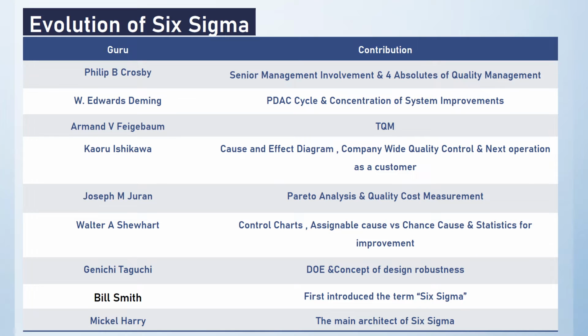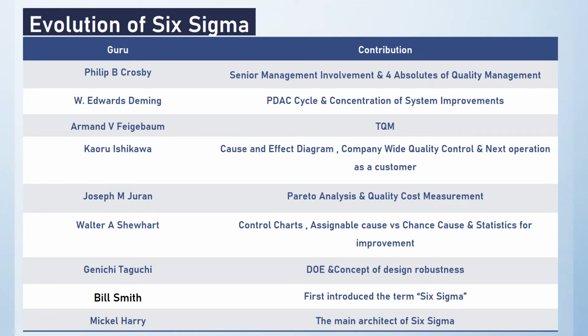Feigenbaum was the person who introduced TQM. Ishikawa invented the cause and effect diagram, that is the fishbone diagram. And Joseph Juran introduced the Pareto concept into the quality field. Even though Vilfredo Pareto invented the Pareto concept, Joseph Juran introduced this concept into quality and problem solving areas.